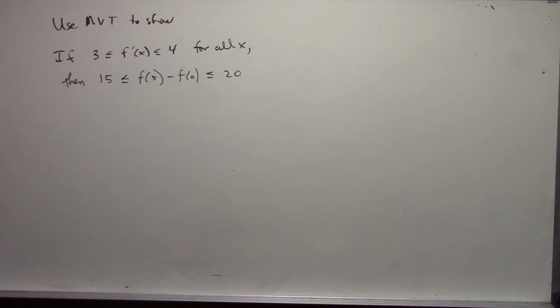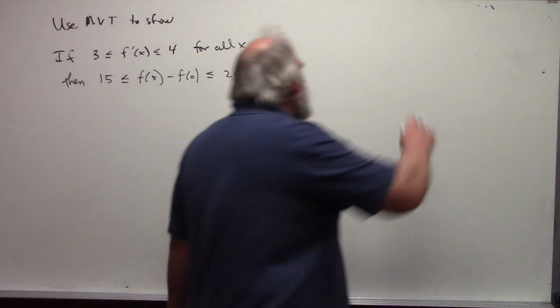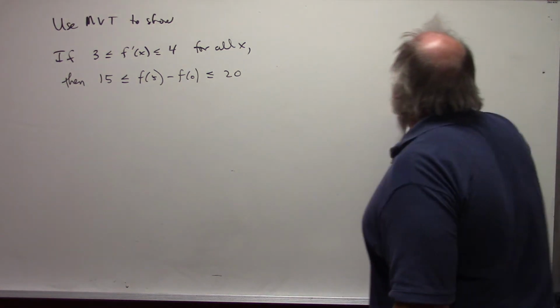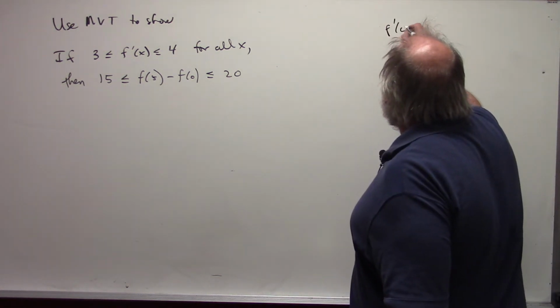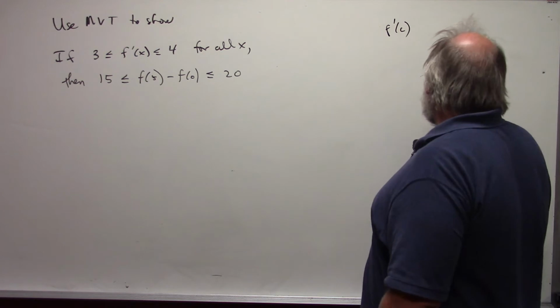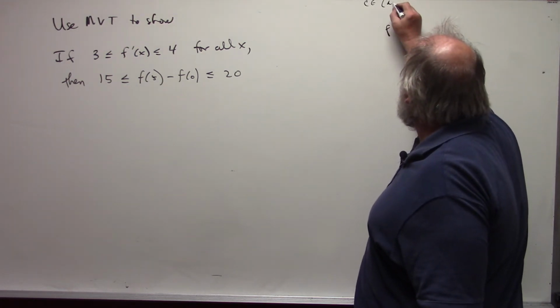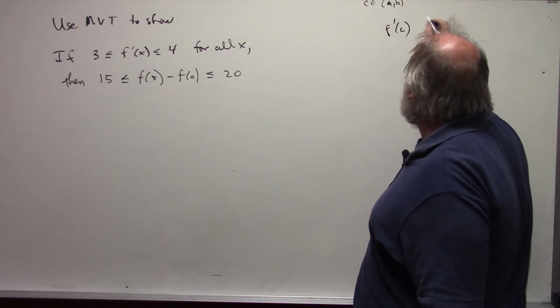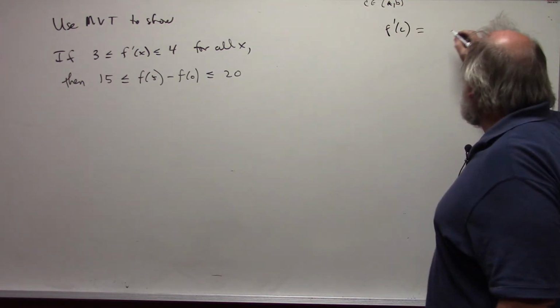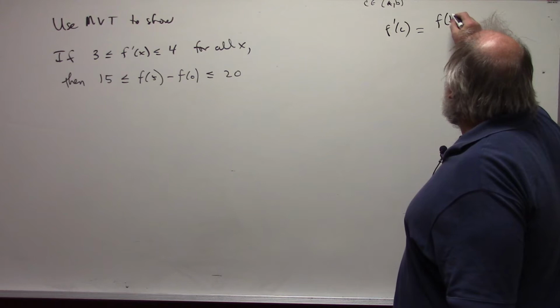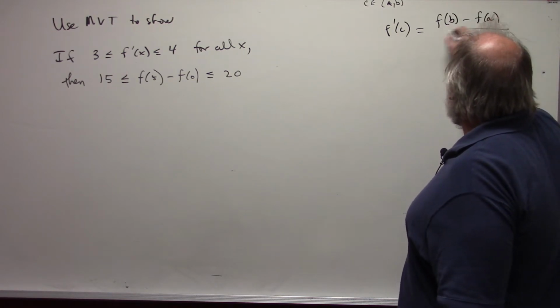Now, this seems like it doesn't really fit the situation that we dealt with in terms of MVT. Let me write up the conclusion for MVT again. There exists some c in the interval (a, b) where f prime of c is equal to f of b minus f of a over b minus a.